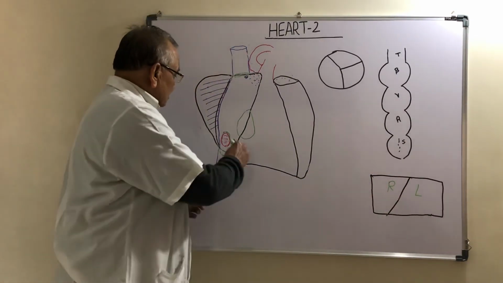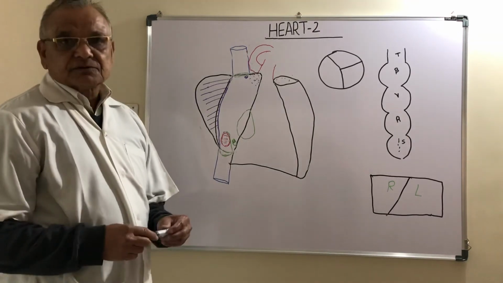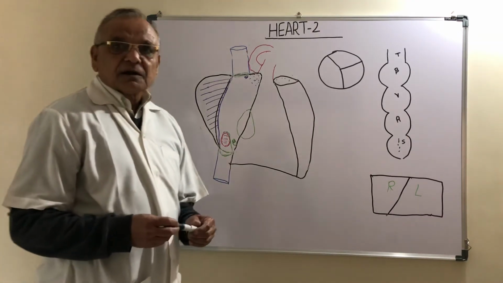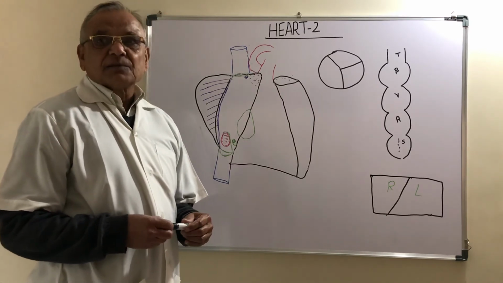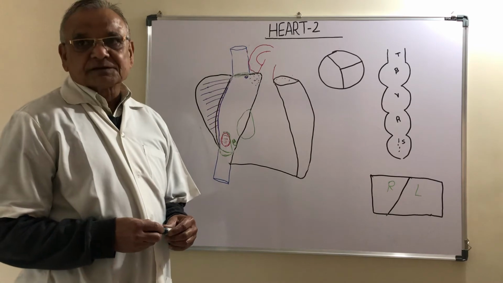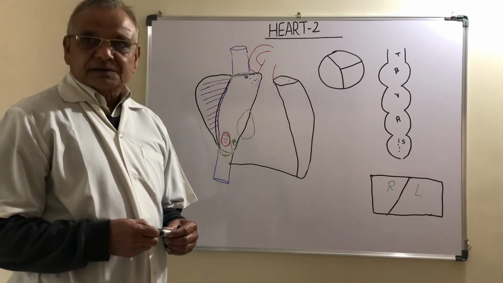During fetal life, the lungs are inactive. So there is no sense in sending the blood to the lung for purification, because during fetal life the baby takes its respiration from the mother.